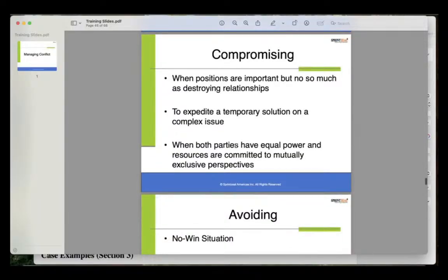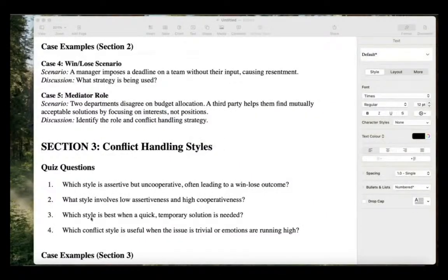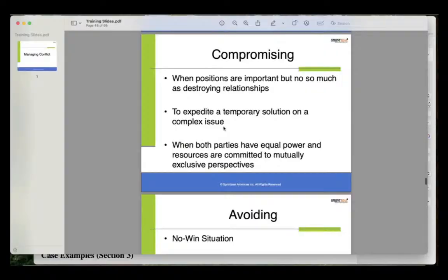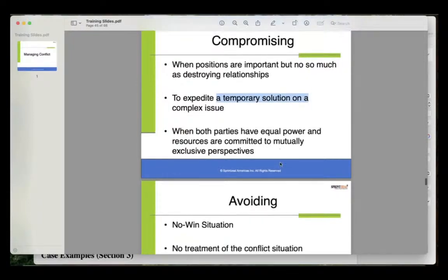So this is about compromise and also to expedite a temporary solution on a complex issue. And the question asks which style is best when a quick temporary solution is needed. So when we have to find a temporary solution, we usually use compromising.